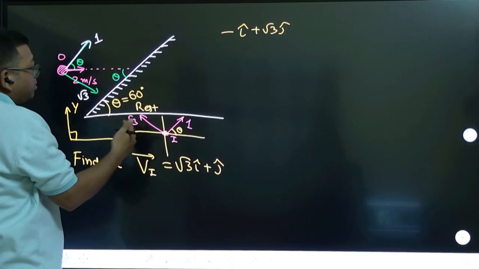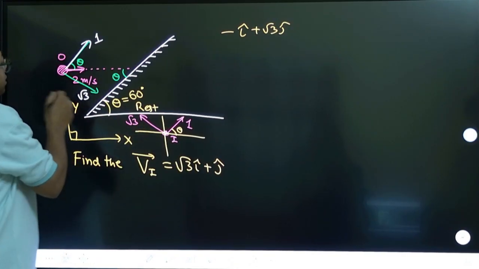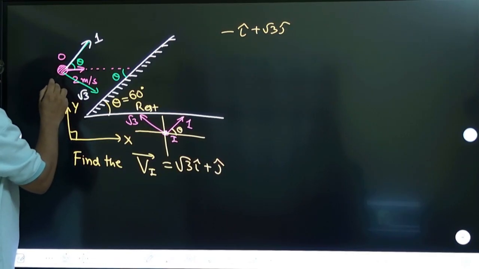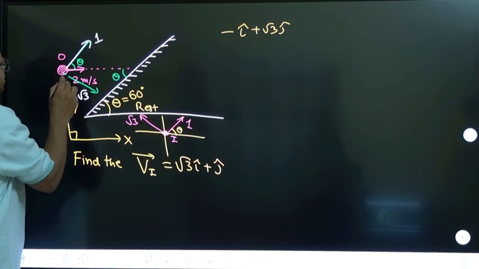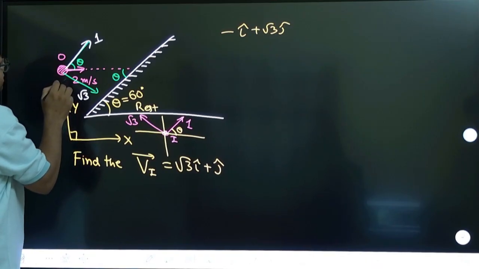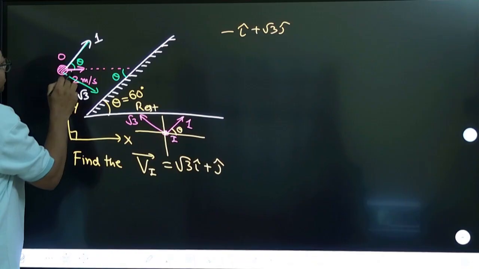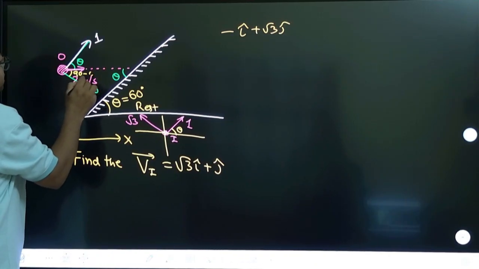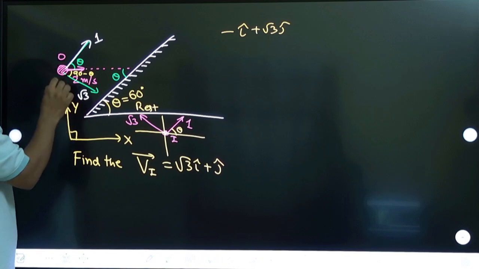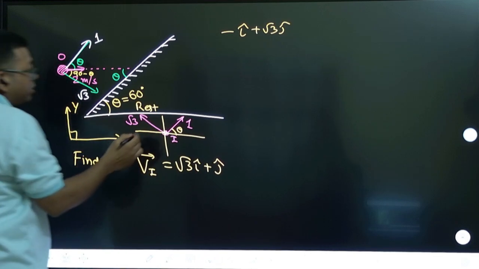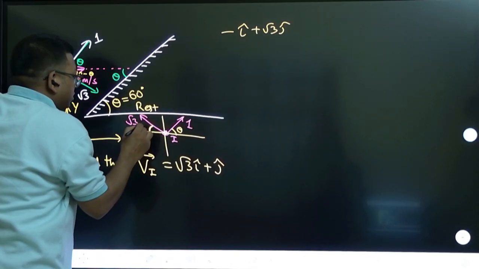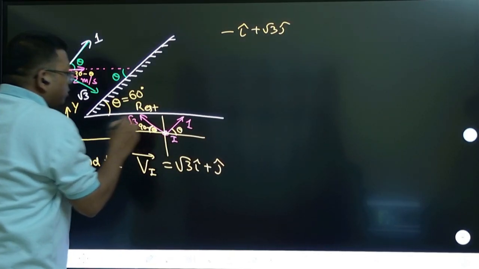How much angle will this make with the horizontal? Think about this. Because this is 90 degrees, correct? Now this is 90, so this will be 90 minus theta. So this is making 90 minus theta with the horizontal. Now you resolve it.